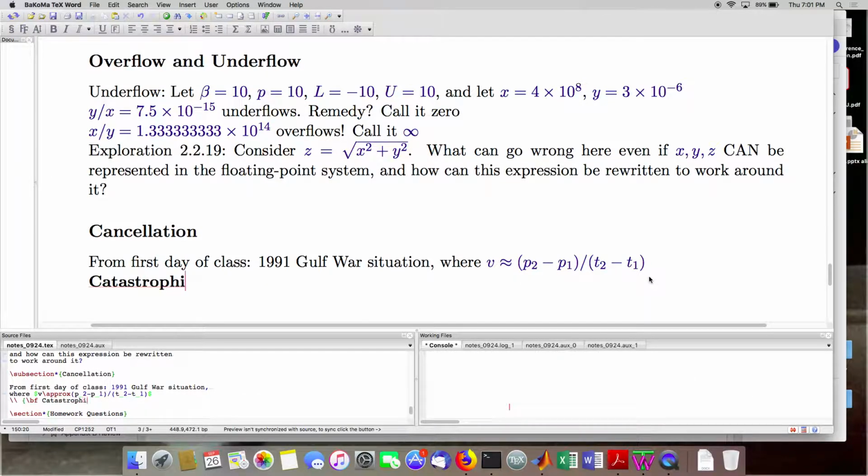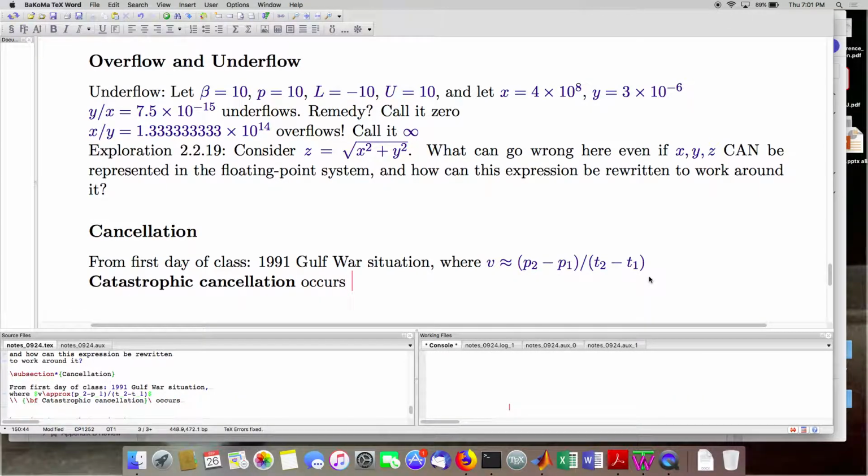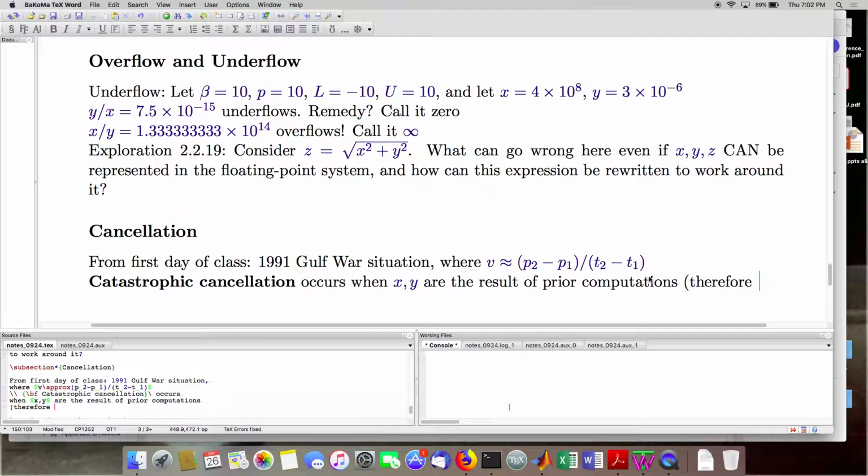Catastrophic cancellation occurs when x and y are the result of prior computations, and that's important because it means they already have error.